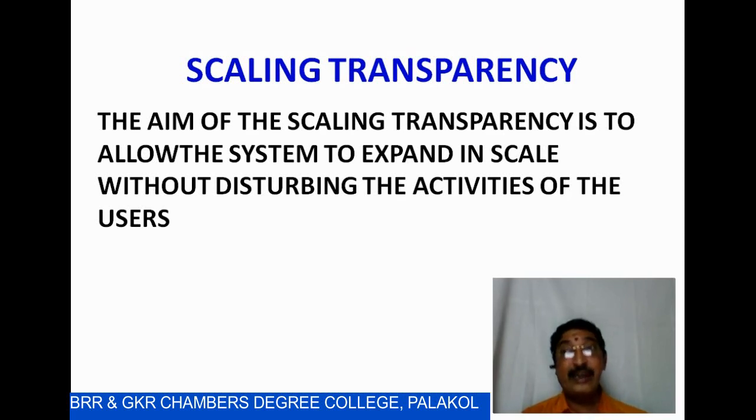While expanding the system, user activities must not be disturbed. The user must continue his work. For maintenance, the system must not be stopped for a particular period. We must be able to expand the system without disturbing the remaining users' work. That is called scaling transparency.